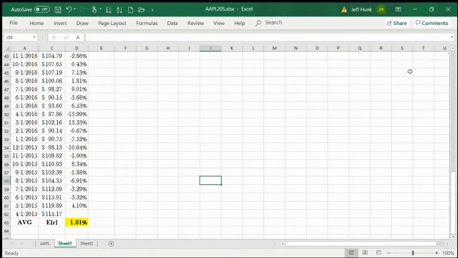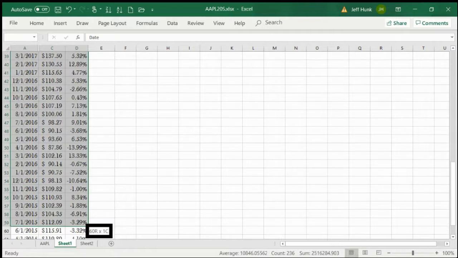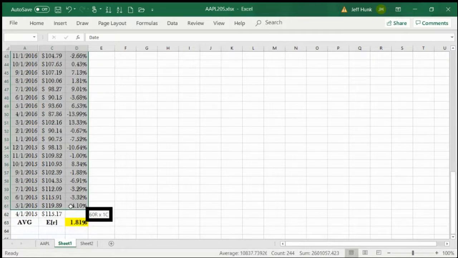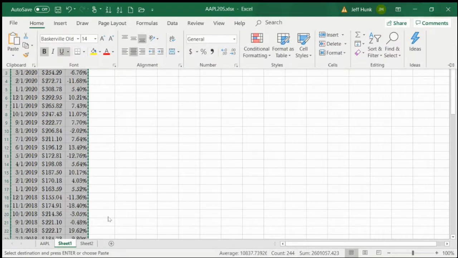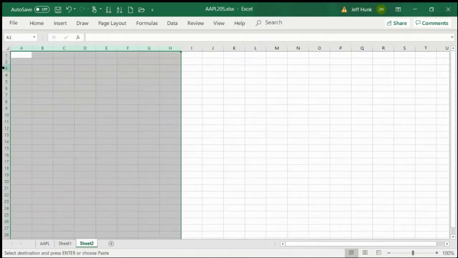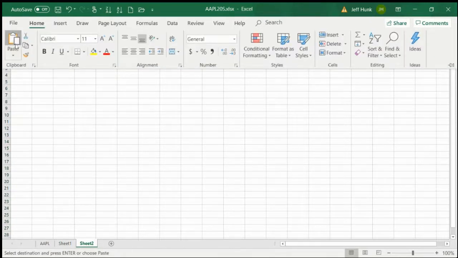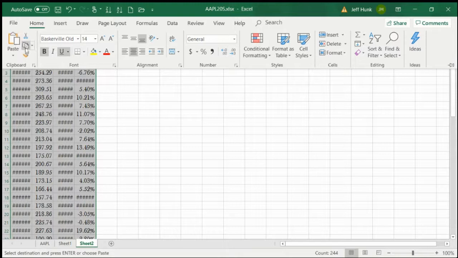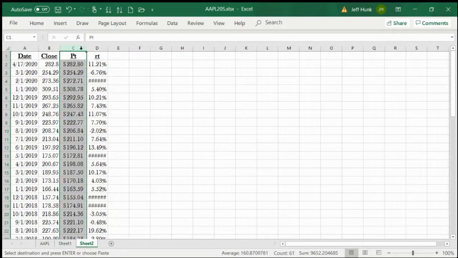So you would be interested in, we can copy that, and I'll take it here and paste, but I'm going to paste only, look, if you paste it, of course, it's going to also bring in all the formulas, right?